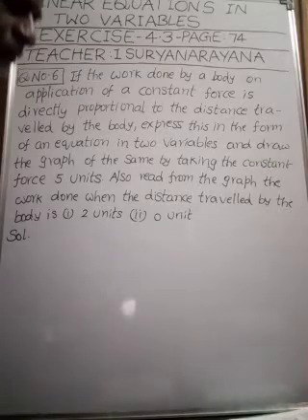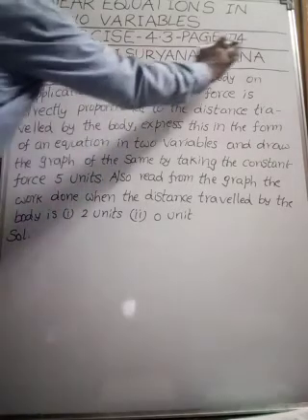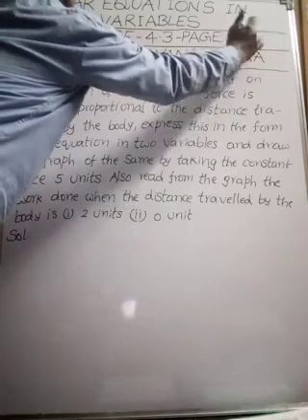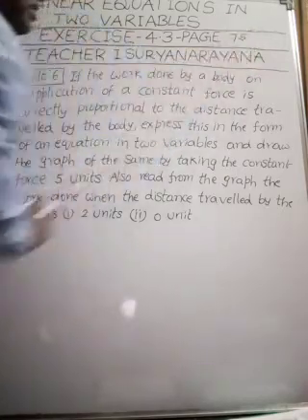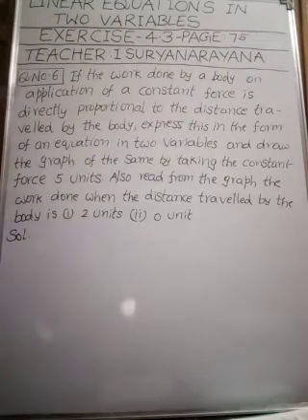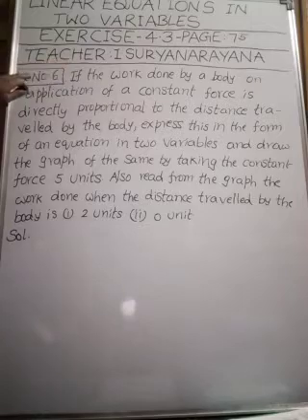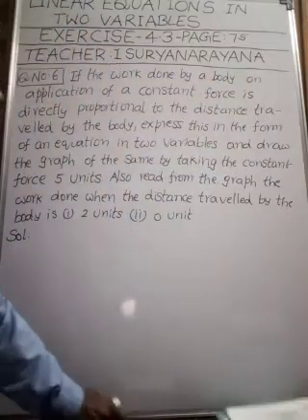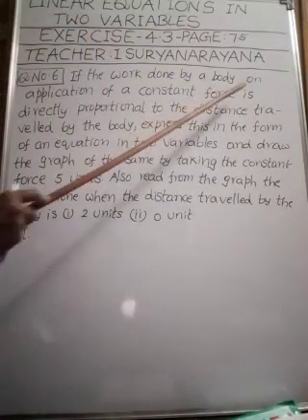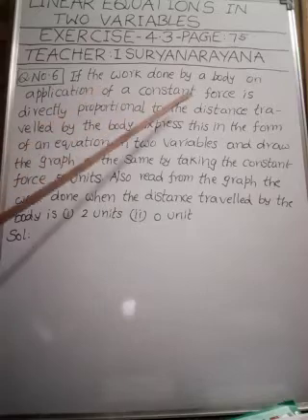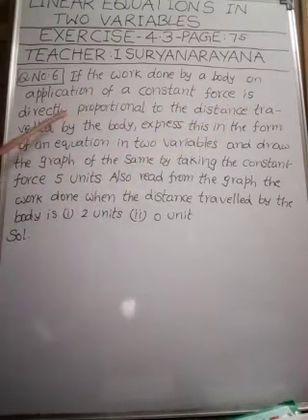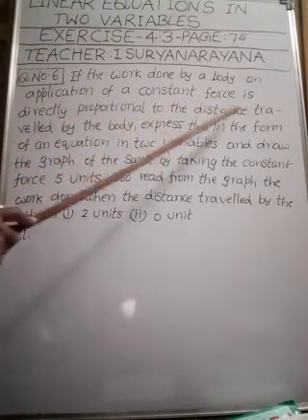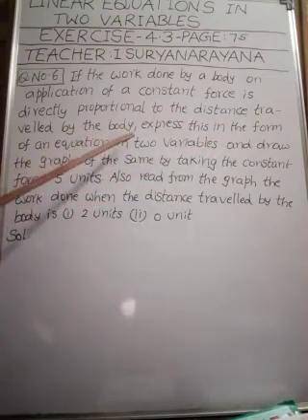Okay, my children. Now come to the question number 6. Question number 6, page number 75 in the textbook. See the question number 6. If the work done by a body by application of a constant force is directly proportional to the distance travelled by the body.